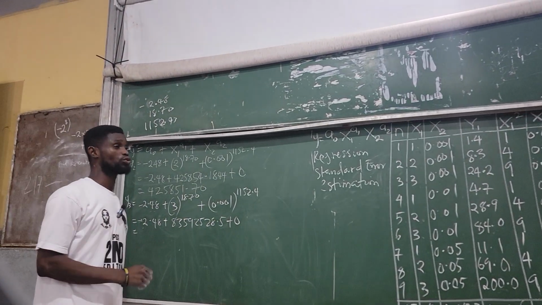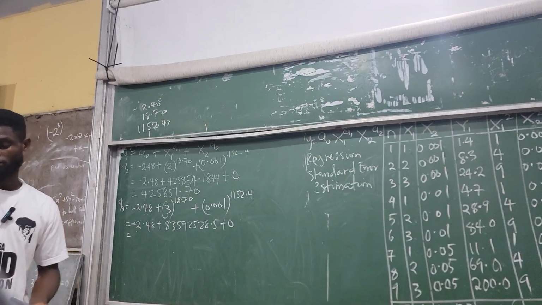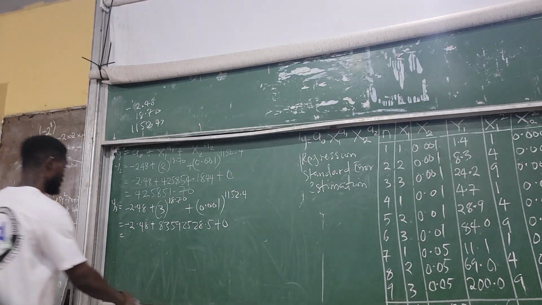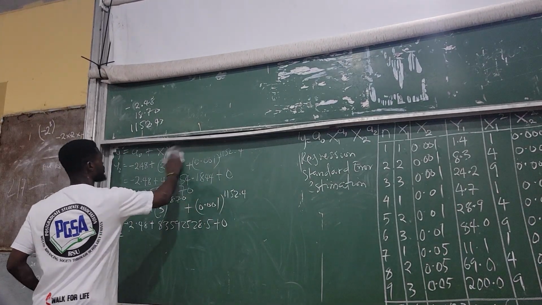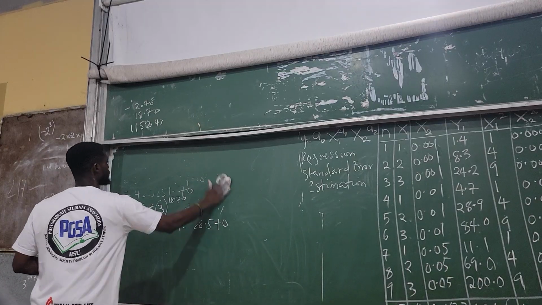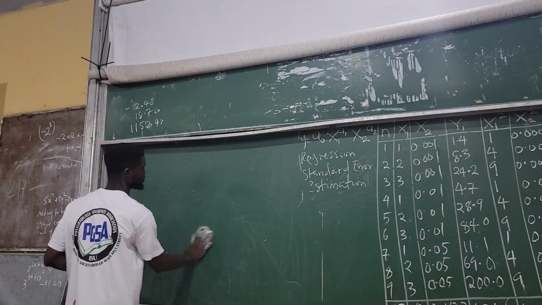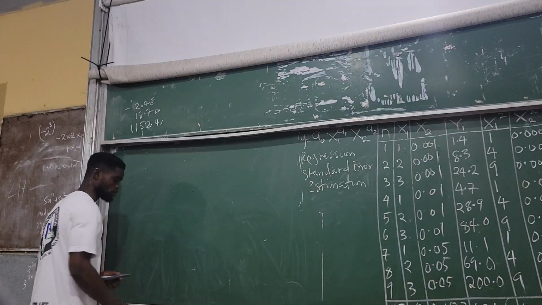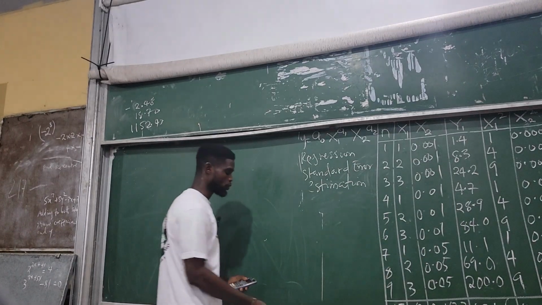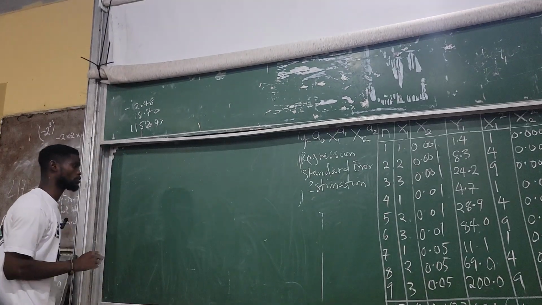So let's go back to solve our regression. Let's solve our regression, please. So our regression, take note, this regression is for multiple regression. That's for multiple regression, not just regression. Multiple regression, take note of that.